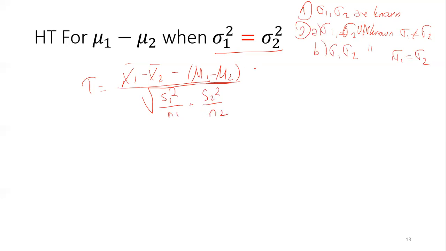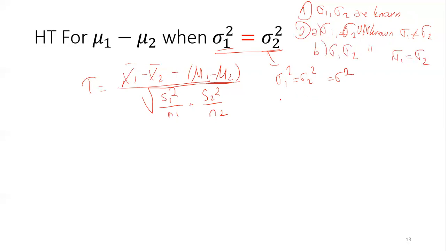Now, the assumption says that sigma 1 squared is equal to sigma 2 squared. What does this mean? You have sigma 1 squared equal to sigma 2 squared, which is equal to a unique sigma squared. You don't have two sigmas, you only have one sigma.